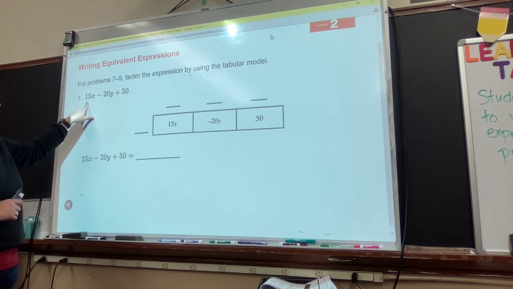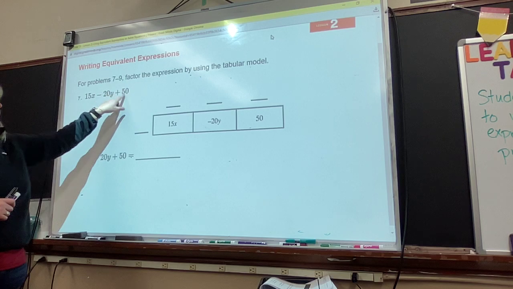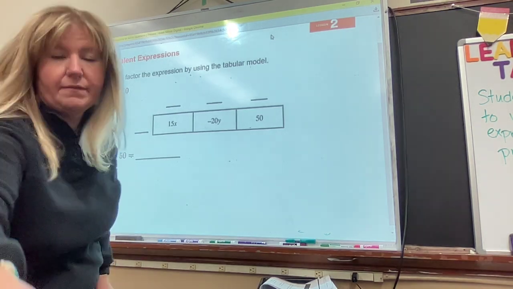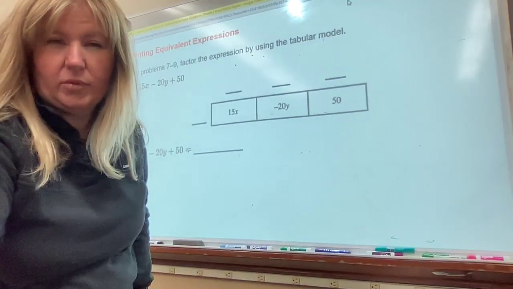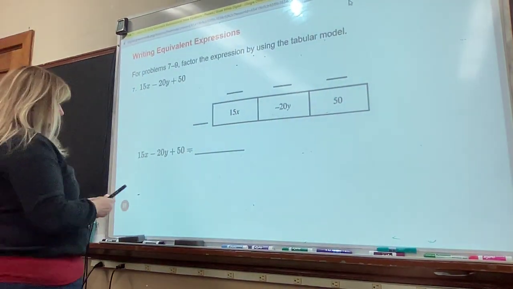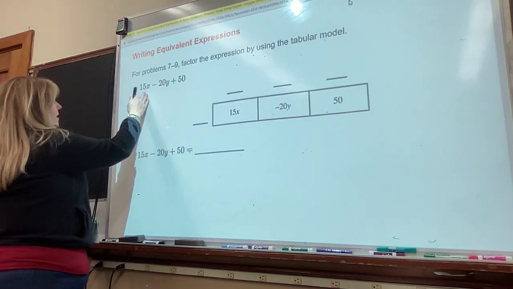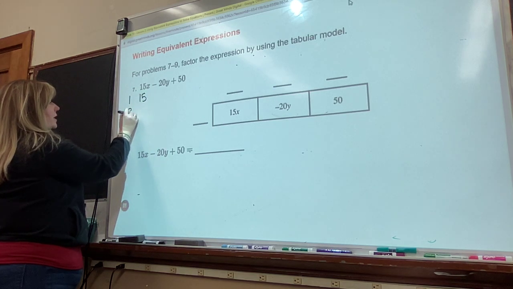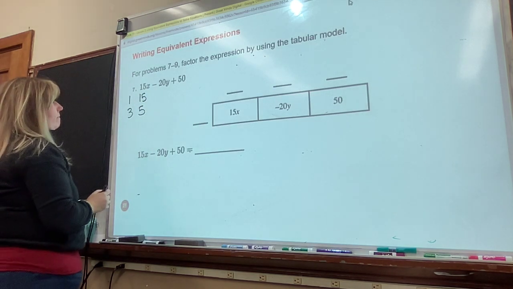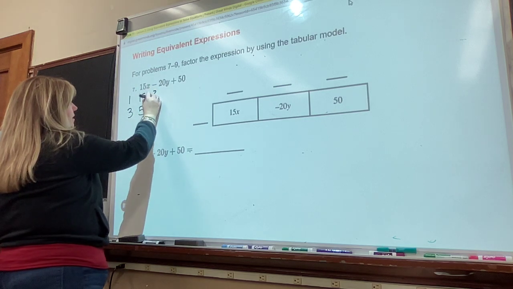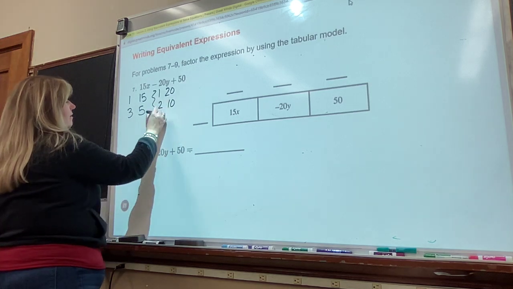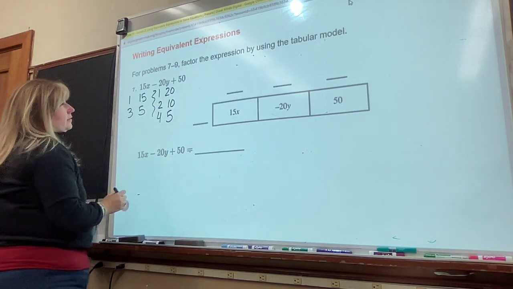We're looking for the greatest common factor between 15x, negative 20y, and 50. Since we don't have all negative numbers, we definitely want to just stick with looking at positive factors. I like to start by listing the factors of 15: 1 times 15, 3 times 5. Now the factors of 20: 1 times 20, 2 times 10, 4 times 5.